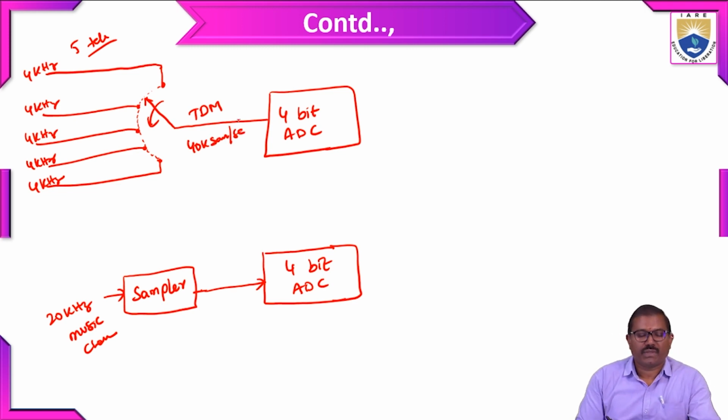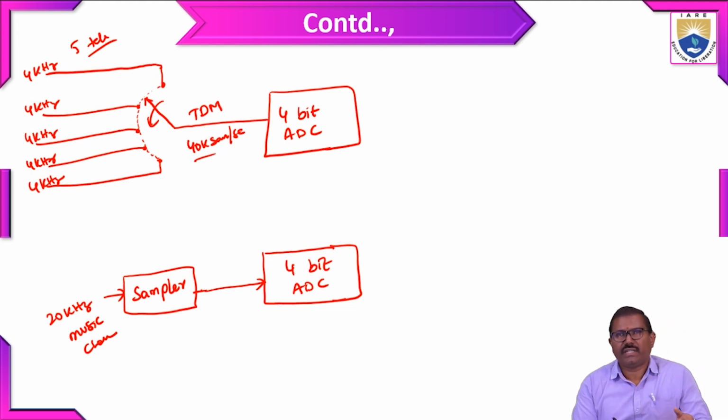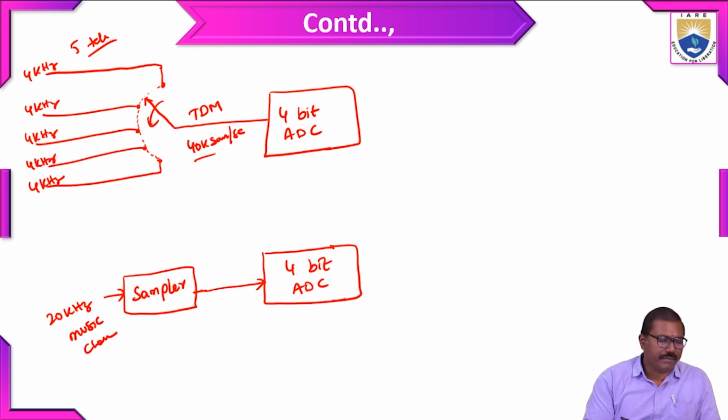Because here it is 8, 5 8s are 40. Here we sample this 4 kHz, this is Fm, Fm value is 4 kHz, Fs equal to 8 kHz. So how many channels? 5 channels. So 8 5s are 40. So this 40k samples per second is the commutator.